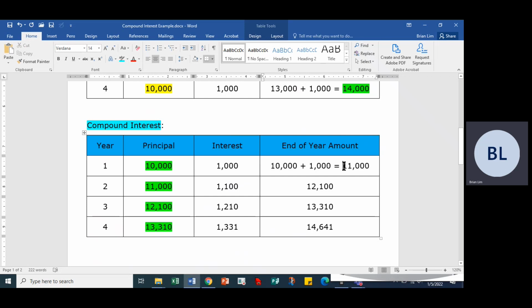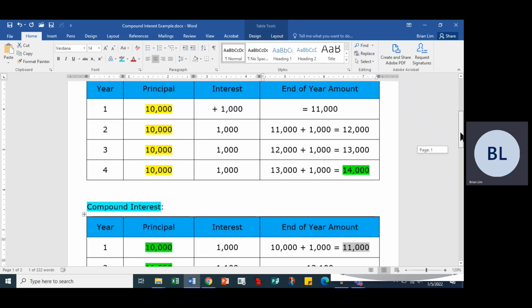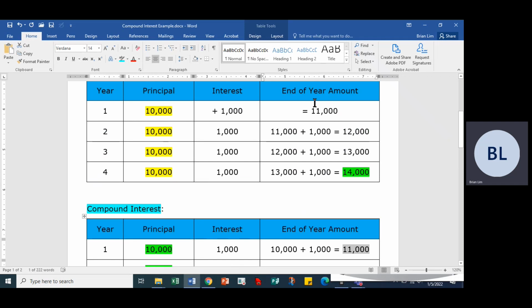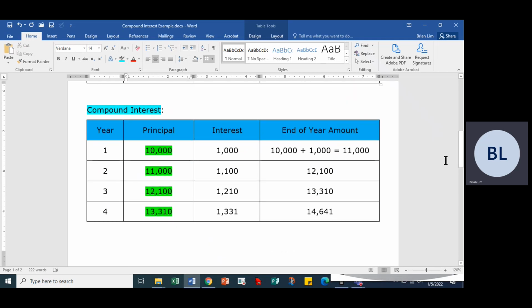Now watch what happens here. This 11,000 here, though, gets put over here as the principal. Different from previously, the $10,000 was carried through as the principal, and that is the difference between simple interest and compound interest, that the amount of interest is added on, so this year-end amount of $11,000 becomes the principal for the next year.